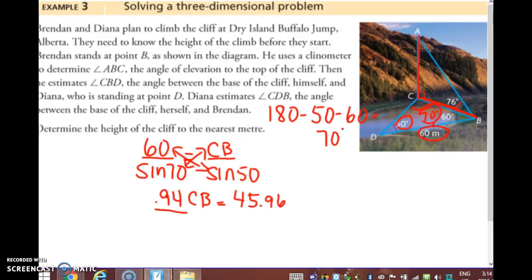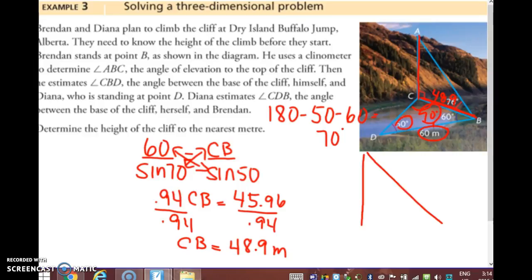We want CB by itself, so we'll divide by 0.94. And we will find that CB is equal to 48.9 meters. Okay, so that means this bottom distance, CB, is 48.9 meters.